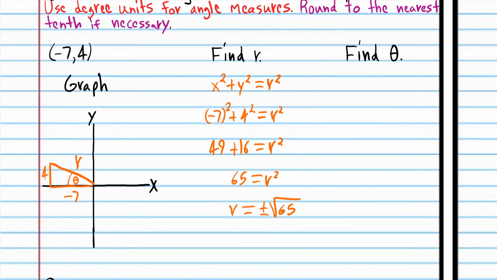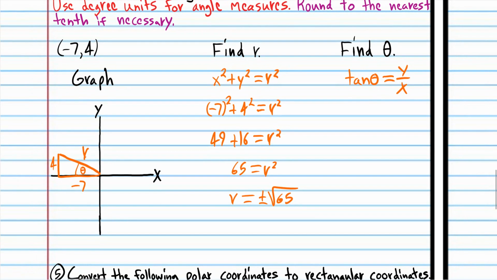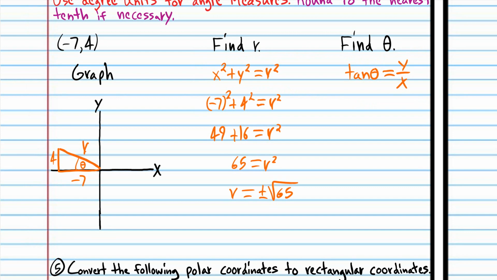So how do we find theta? Well, we know that tangent theta is equal to y over x. Now, what you might be thinking is, how do I know these formulas? Well, you need to memorize them. You need to have those memorized for the test. And you should already have them memorized. I mean, we learned this in my trigonometry course, in my geometry course, and so on and so forth.